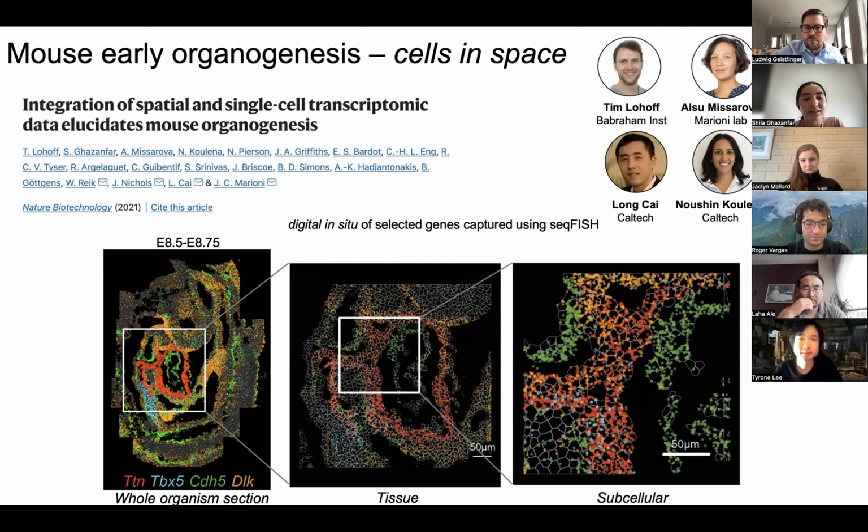The thing to note is that we were able to capture a whole suite of genes. We captured 351 barcoded genes all together in this seqFISH panel in the same coordinate space.